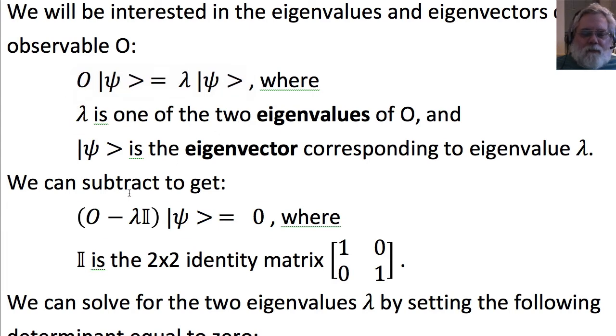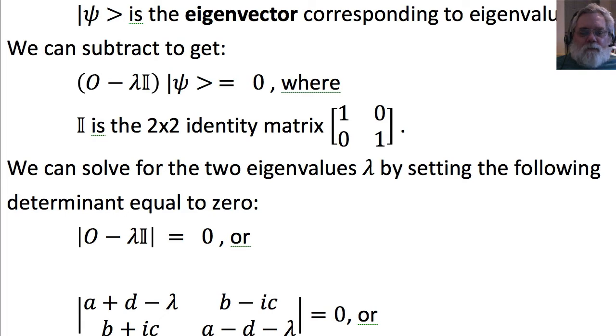And we can combine that so that we get one operator operating on psi equals 0. Now that operator is O minus lambda times the identity matrix. So that's just from subtraction.